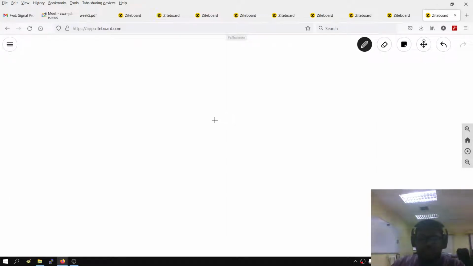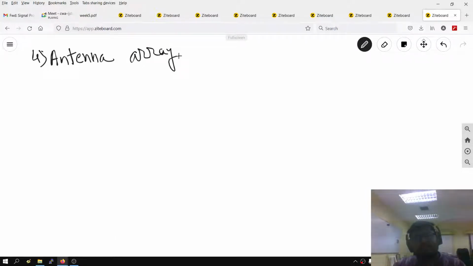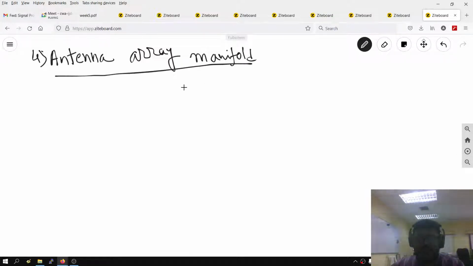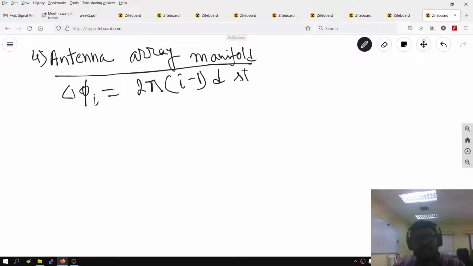The equation of antenna array manifold is del phi I equals 2 pi (I minus 1) d sin theta I by lambda.